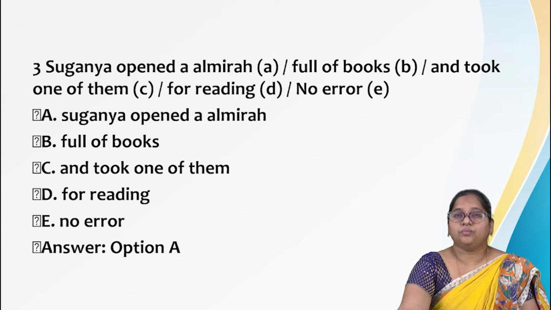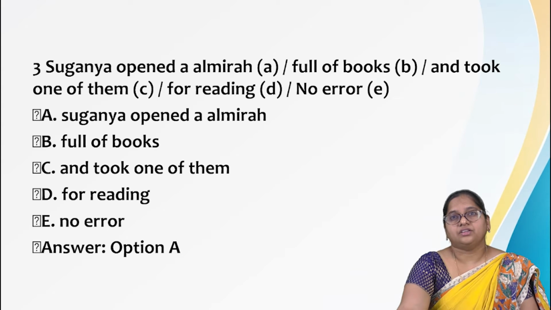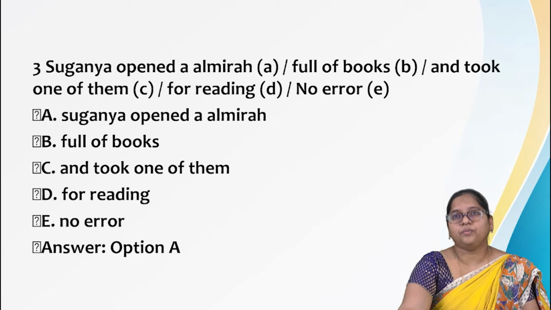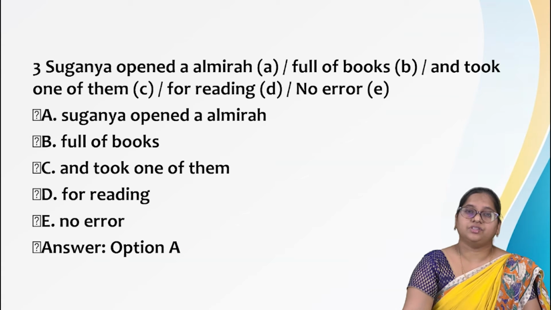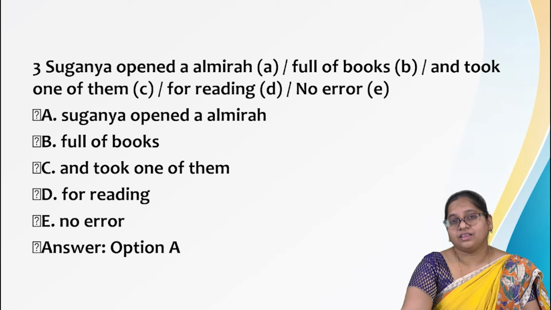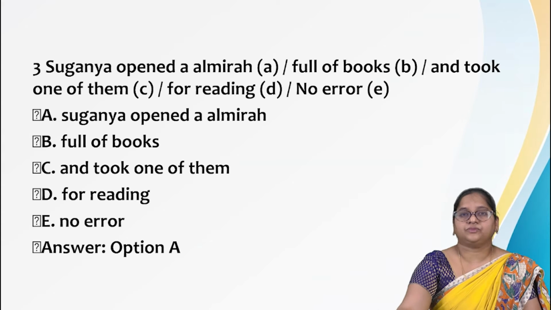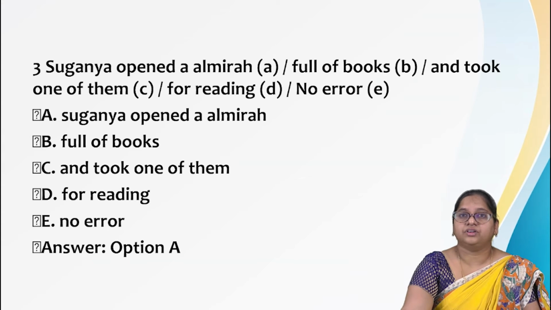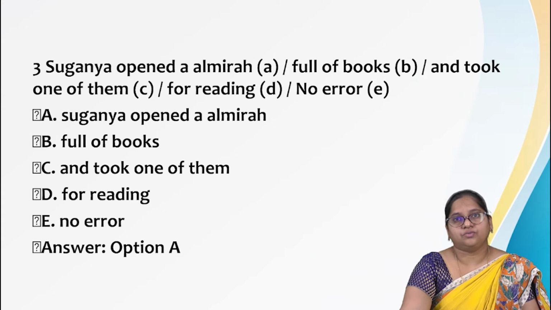So now when you say "Suganya opened a almirah", the indefinite article is wrong. Generally, words that have a vowel sound usually take the indefinite article "an", like an hour, an almirah. It's not "a almirah". So: Suganya opened an almirah full of books and took one of them for reading. That is the right answer.